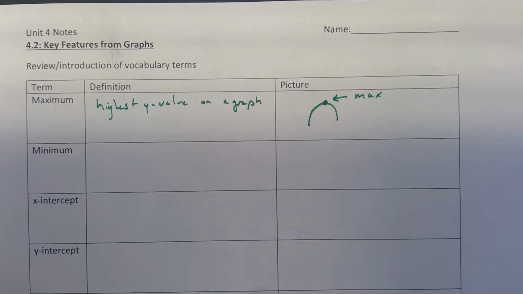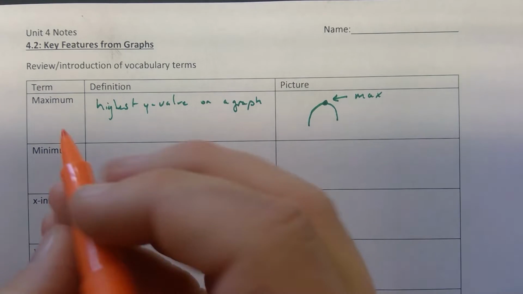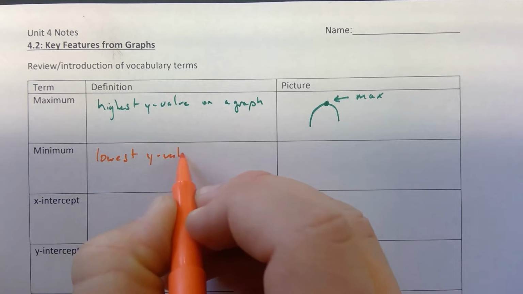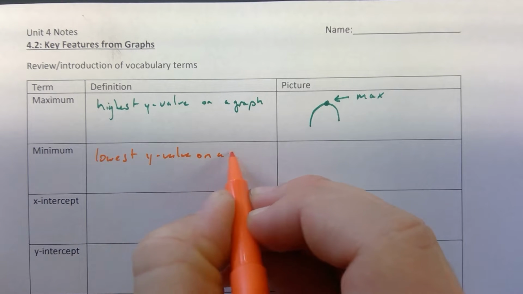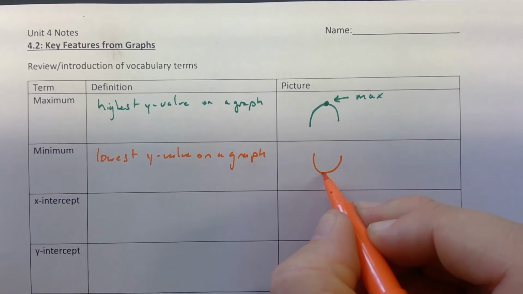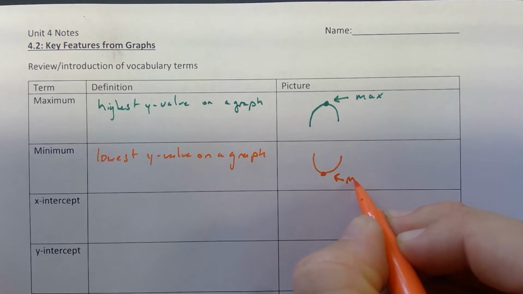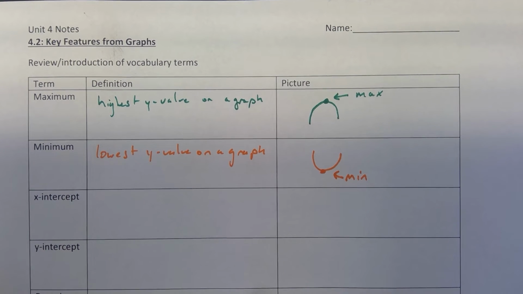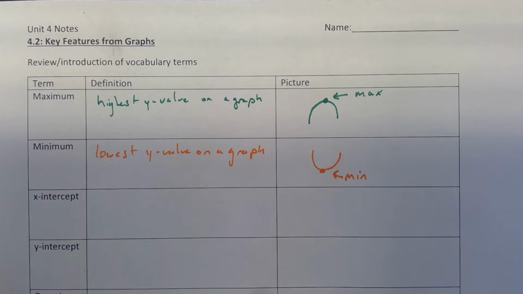Now the minimum is the lowest y value on a graph. We're going to call that a min. Just as a reminder, make sure that you're giving your maximum and minimum as an ordered pair, x comma y.